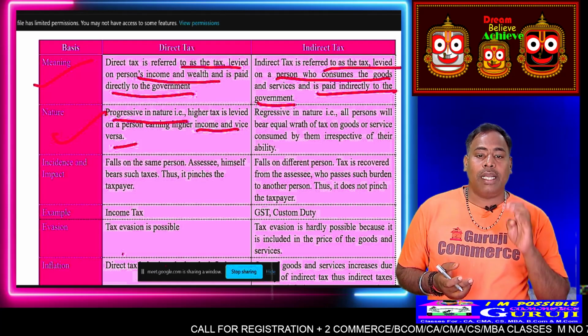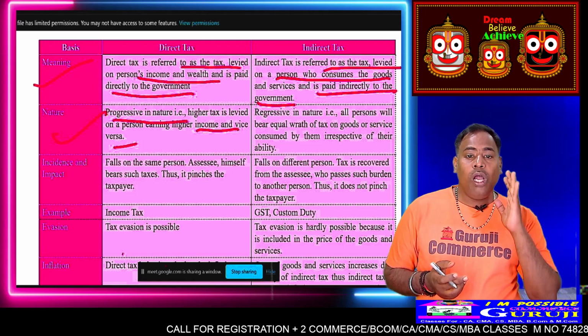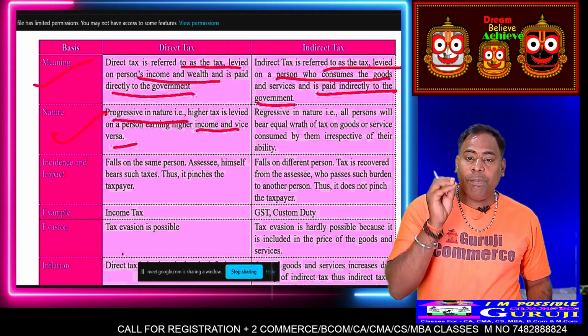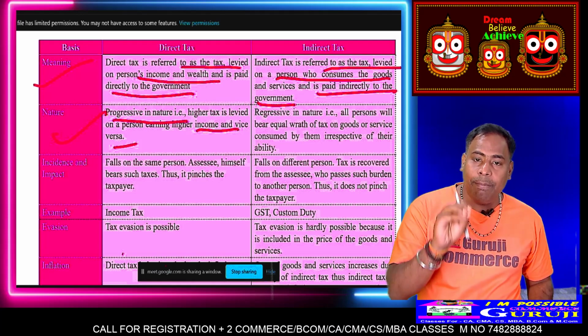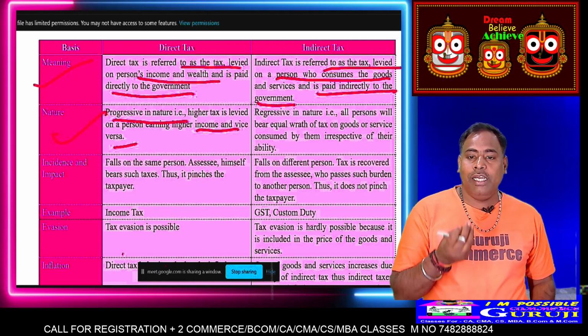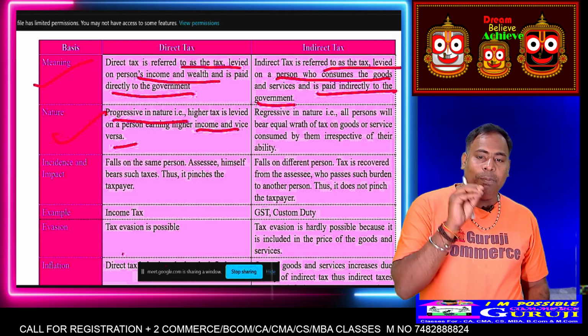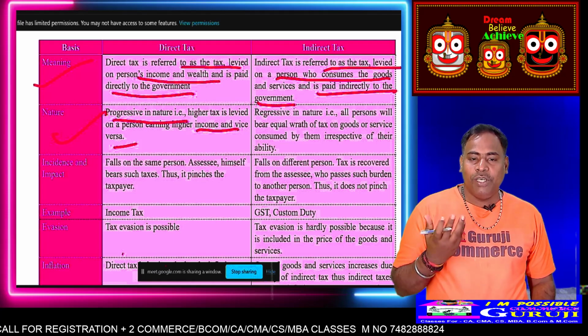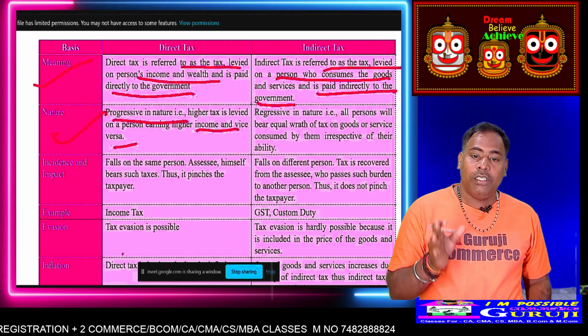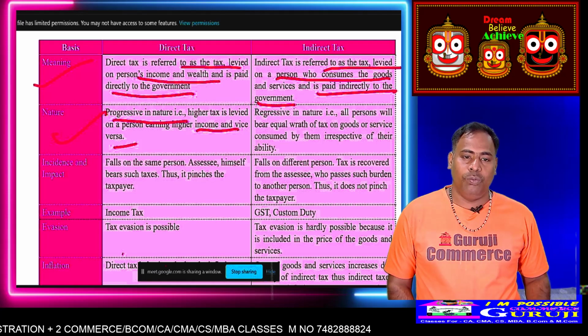Indirect tax is regressive in nature, meaning all persons pay the same amount of tax. The poor or a beggar will pay the same amount of GST if he purchases any article, whereas rich people like Mukesh Ambani, Anil Ambani or Ratan Tata will pay the same amount of tax for the same goods they consume.